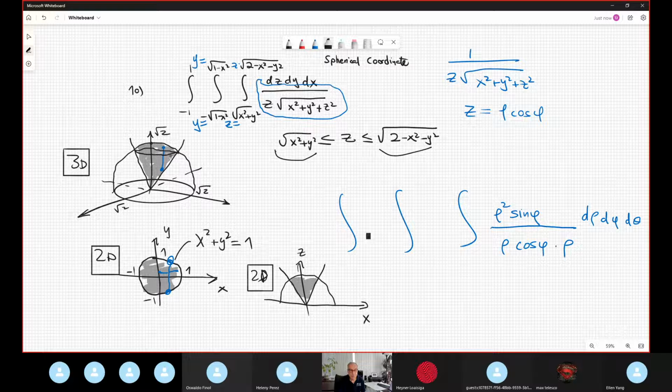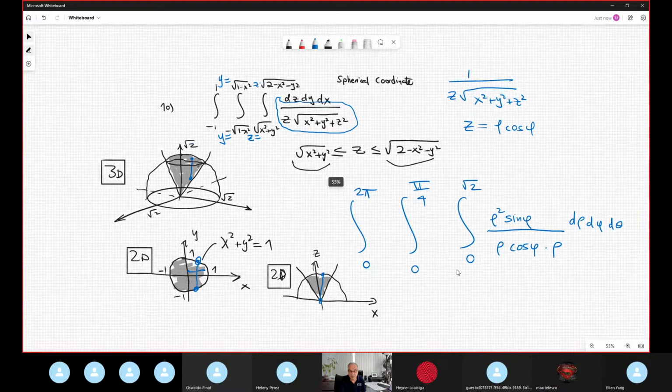And it's obvious that rho varies from 0 to the rho of the sphere, which is radical 2. And phi varies from 0 to pi over 4. And theta varies from 0 to pi because of the full circle.